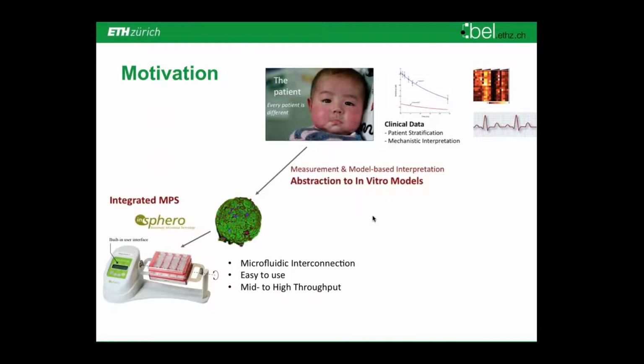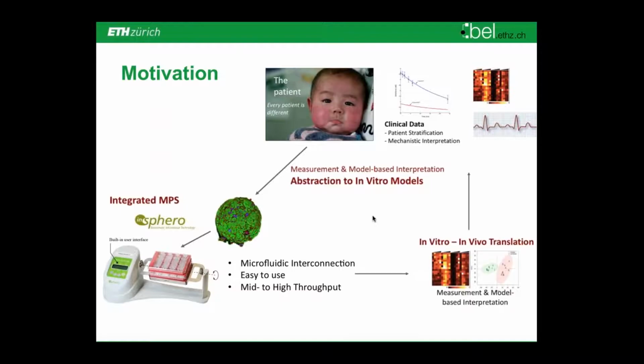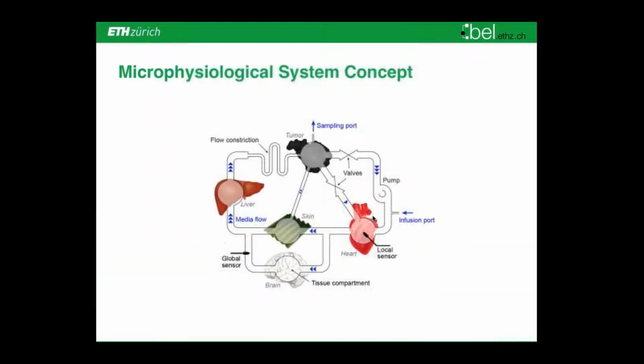We then integrate them into microphysiological systems where we can connect two different organs, or three, or also only one if you want, to get a physiological environment, and use these data to do an in vitro to in vivo translation. That's where mostly you come in, ideally. But also, and this is my very important statement for that field, we have to not only abstract it, but also turn back and get back to the patient by doing this in vitro to in vivo translation.